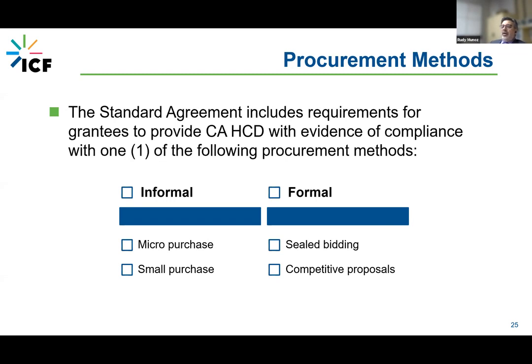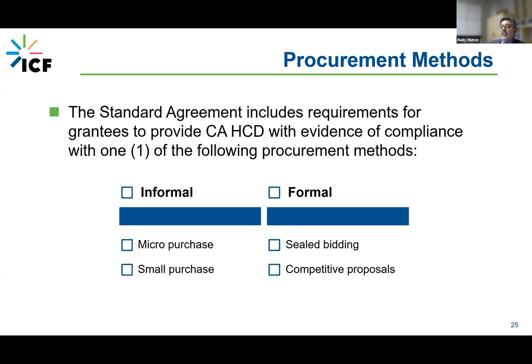Each of these methods of procurement includes specific procedures for the contract award and its uniqueness to the process that was followed. As mentioned in the prior slide, the four procurement methods are further described in 2 CFR Part 200, subsection 320.